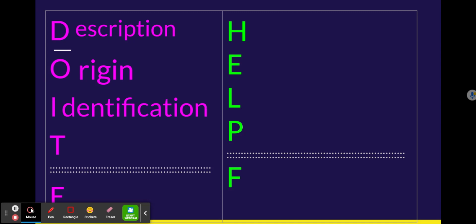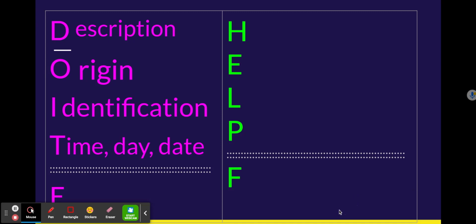I is for identification. Something is something, like es un libro. T is for time, day, and date. So when you're telling someone the time, when you're saying what day it is or what date it is.